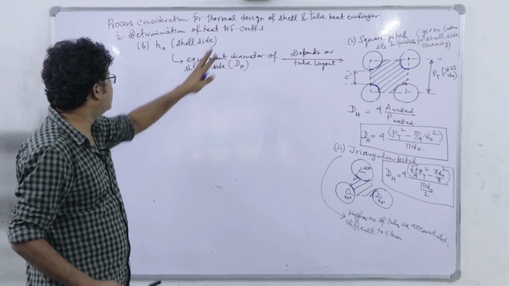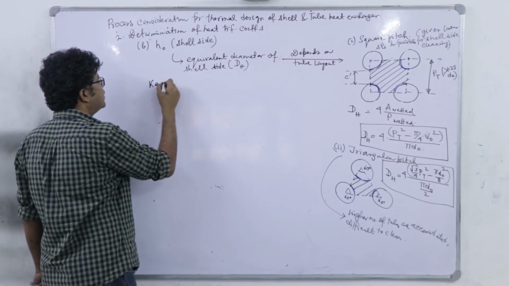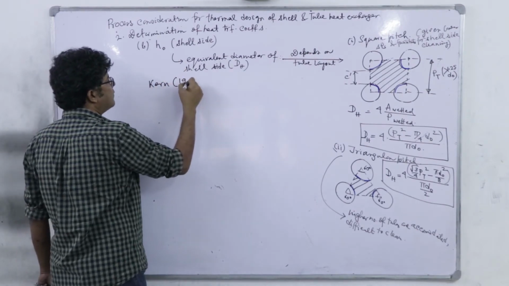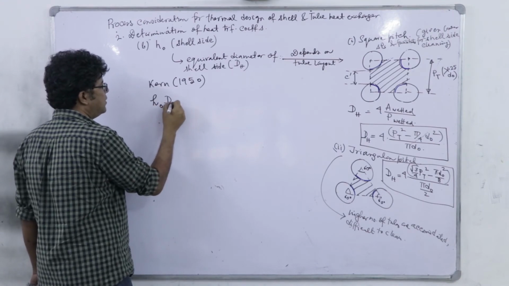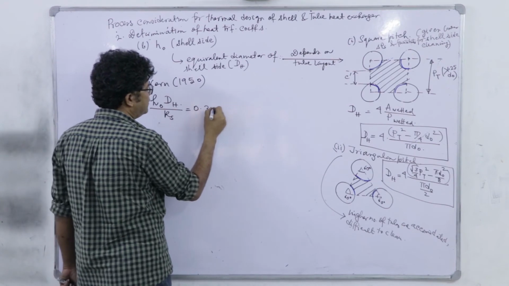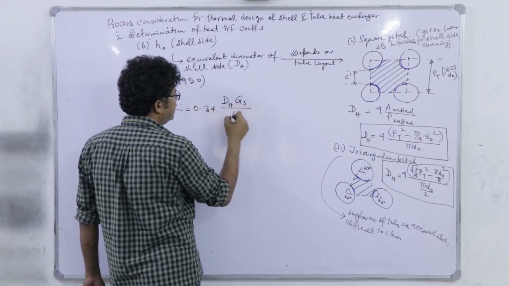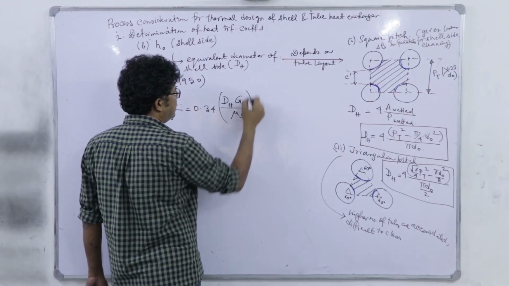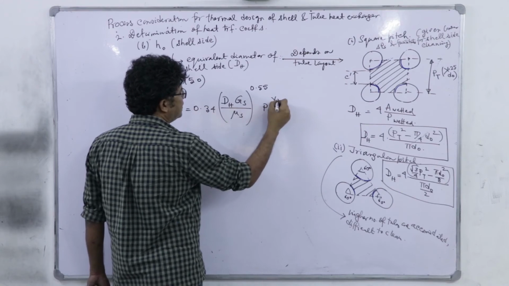So you see that once we have got this equivalent diameter, now for HO we have the formula Kern proposed in 1950, which states that HO into DH divided by KS is equal to 0.34 into DH into GS divided by mu S to the power 0.55 into Prandtl number to the power 1/3.